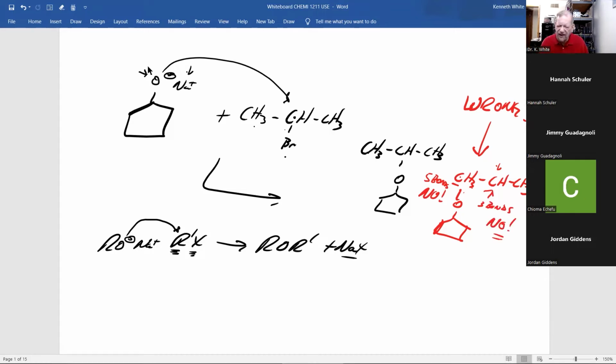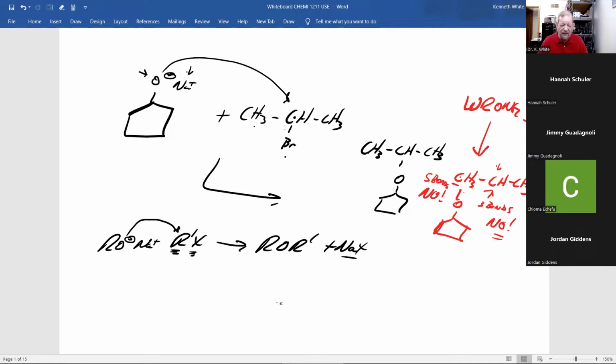So be very careful where you place your bonds. Yeah, I grade on that. The one in red is clearly wrong, even though I sort of knew what the student wanted, but that's not the right structure. So please be careful. And that happened on test 1 to some students.